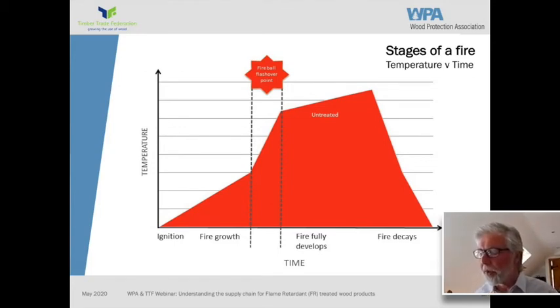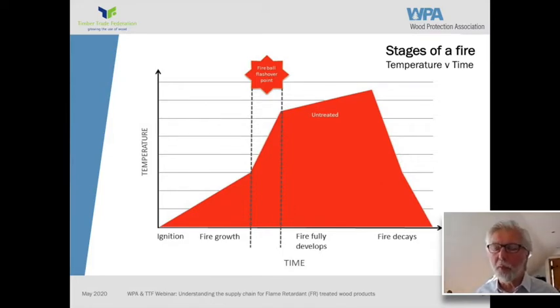How readily will a material ignite and catch fire? And then there's the growth, the spread of flame: once ignited, how quickly will the flame spread across the surface of that material? And associated with those two, we also need to understand the heat release.